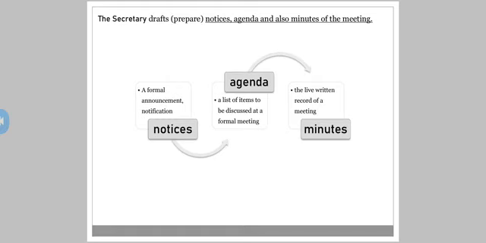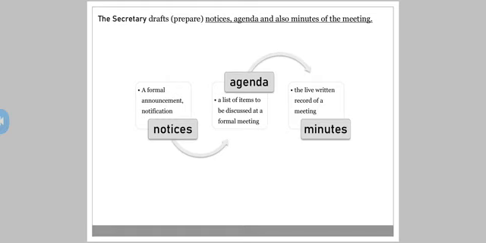What is a notice? A notice is nothing but a formal announcement, or I can say a notification. Let's say if a secretary is going to arrange a meeting after 10 days, the secretary is going to send a notice. A secretary is going to announce the date when the meeting is going to be conducted.